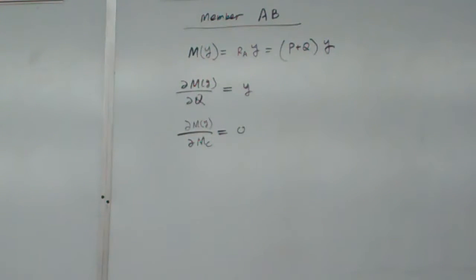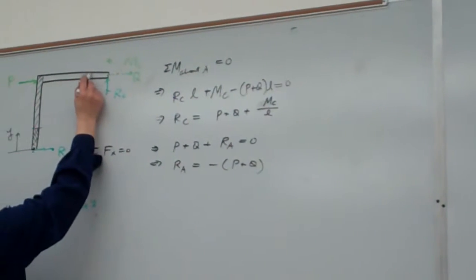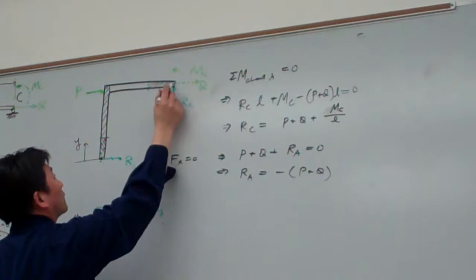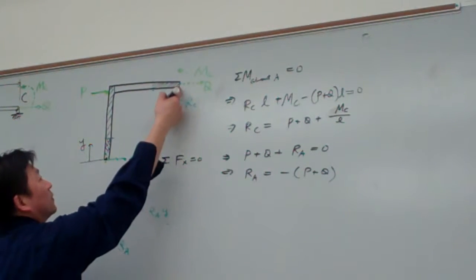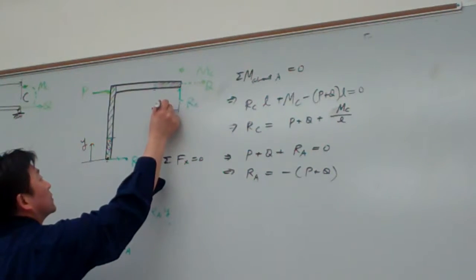Okay, and then for the portion BC, I think you can really arbitrarily define your coordinate system, but I think a more convenient way is I take the free body diagram, I take the cut here, and I consider this portion as my free body diagram. I will measure the distance from the tip, from this end to there, that is x.